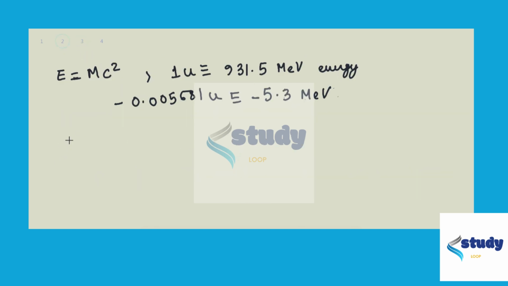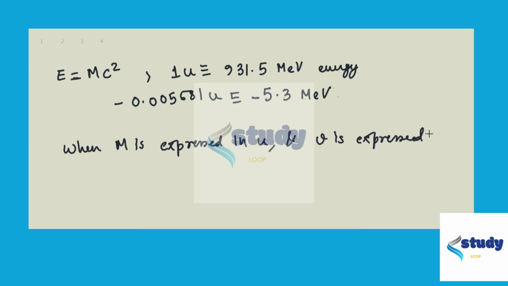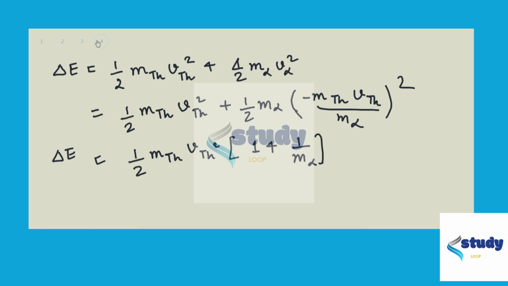It says that when m is expressed in u and v is expressed as a fraction of c, your energy comes out in MeV. So come back here, we'll use this trick here.